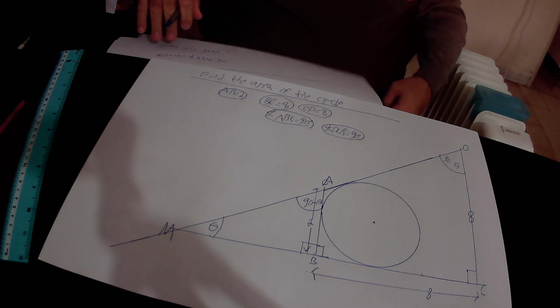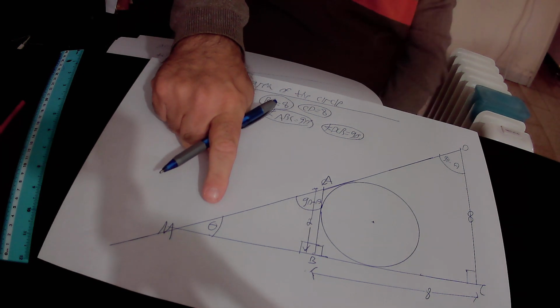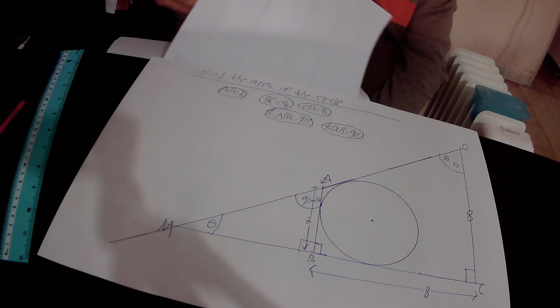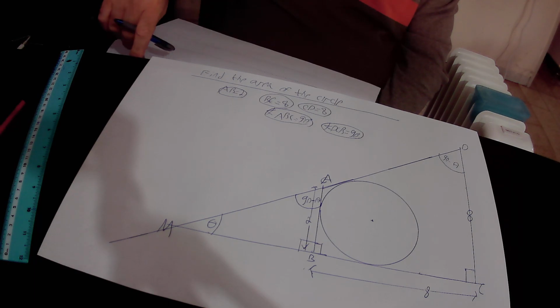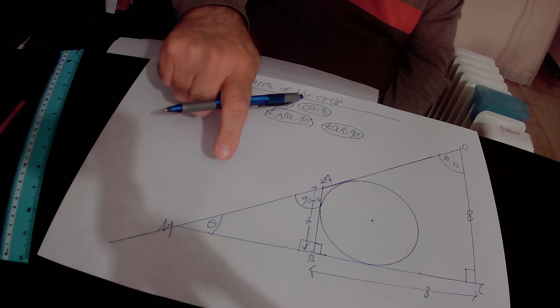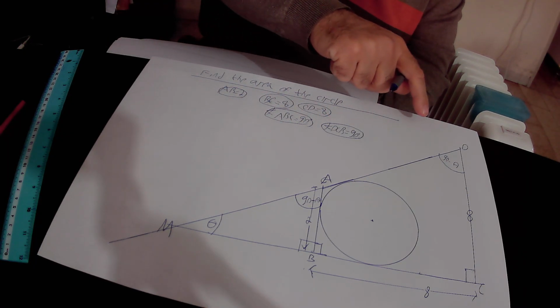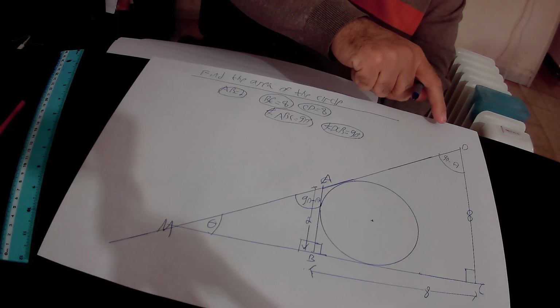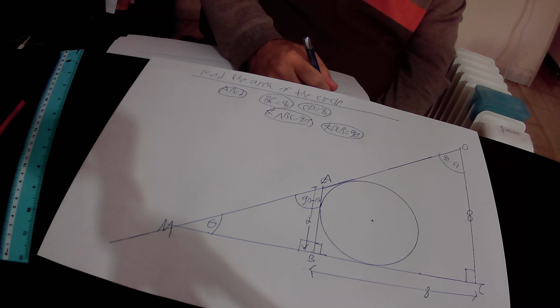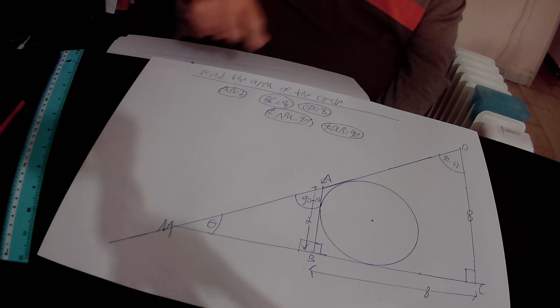In addition, this angle theta is a common angle that belongs to both triangles, so I can write down that angle theta equals itself. Angle theta is actually angle DMC, and it equals itself.